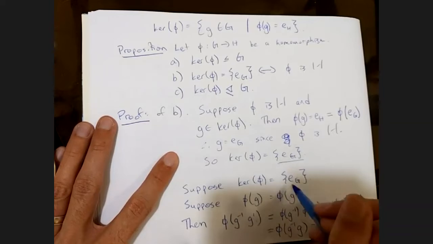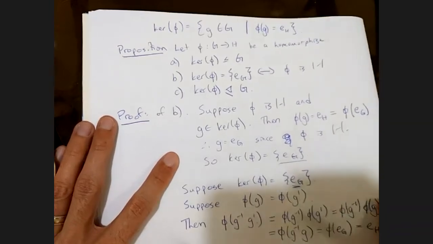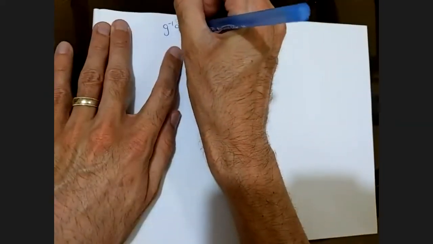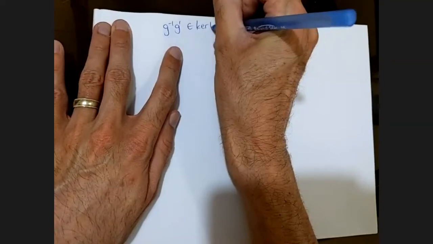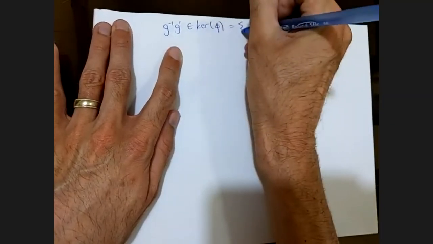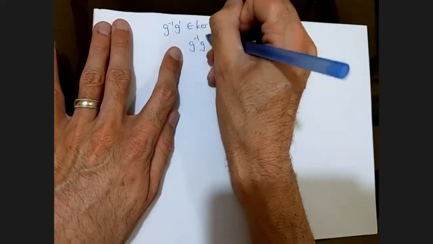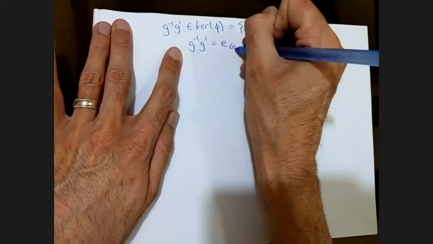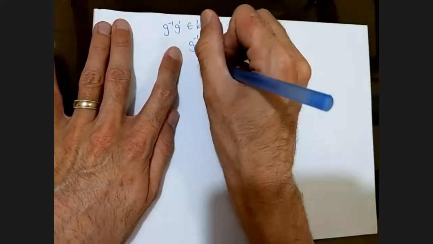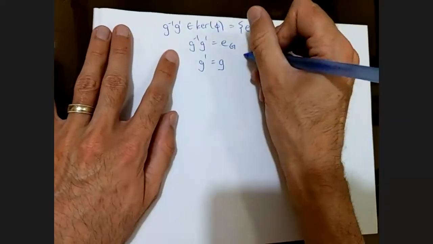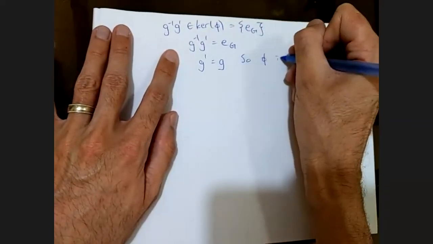The kernel of phi only has one thing, so g inverse g prime equals the identity. Multiplying on the left by g, you get g prime equals g. That shows phi is 1-to-1.